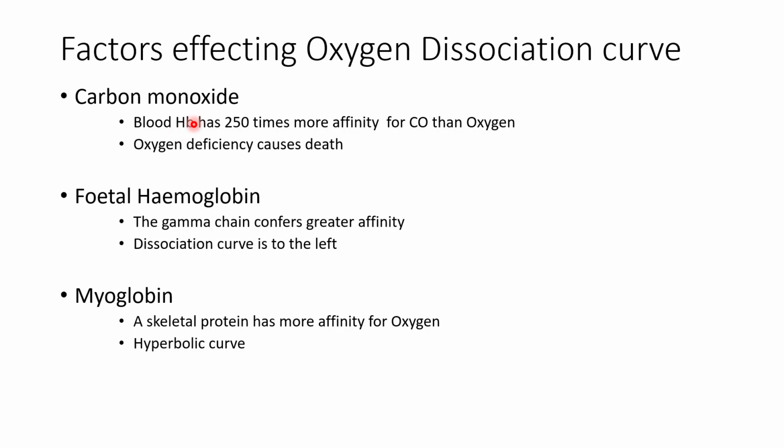When this happens, there is an oxygen deficiency caused in all the cells. After carboxyhemoglobin is formed, no more oxygen can bind to hemoglobin, because of which the person may die if oxygen deficiency continues for a longer period of time.